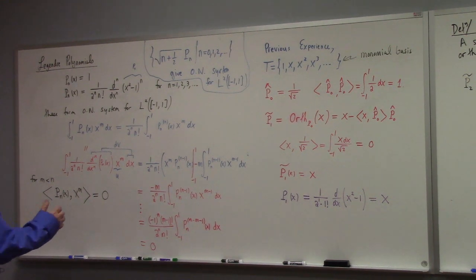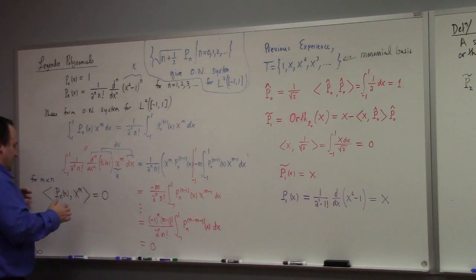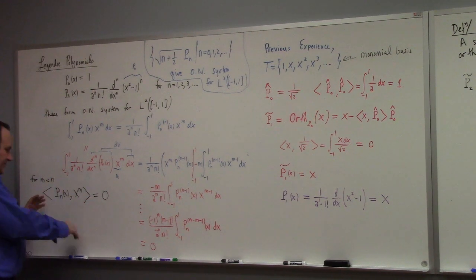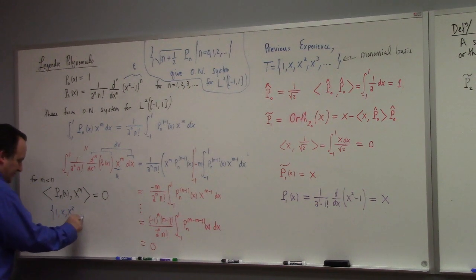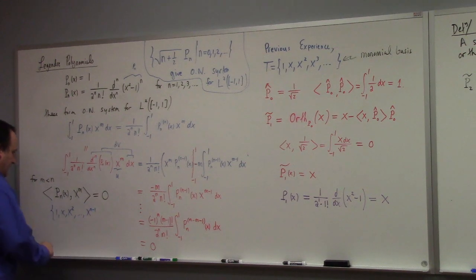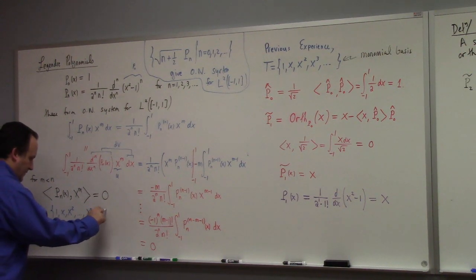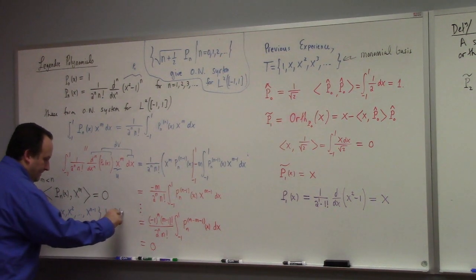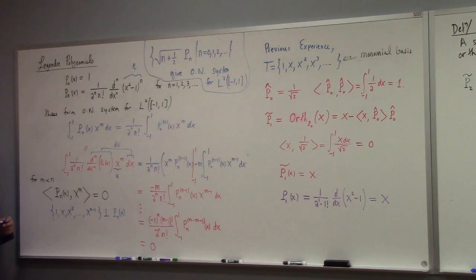What this result is saying is that the nth Legendre polynomial will be perpendicular to 1, x, x squared, all the way out to x to the n minus 1.